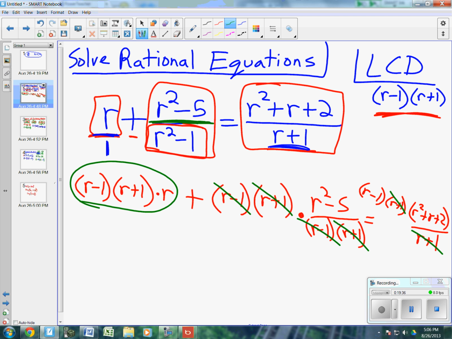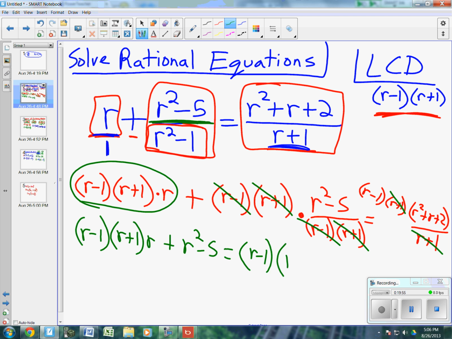So I have no more denominator. So the problem's going to look like this now. R minus 1 times r plus 1 times r plus the r squared minus 5 equals the r minus 1 times the r squared plus r plus 2.